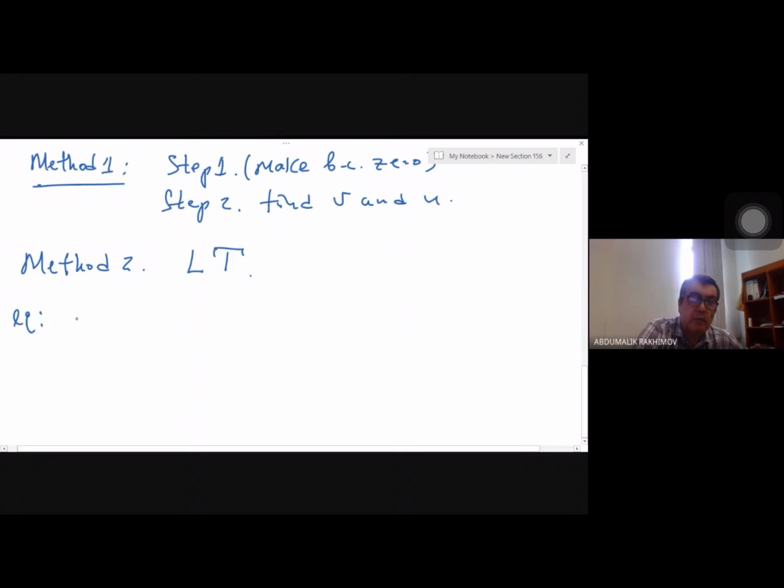Let's transform the equation. Our equation is ut equals uxx. In Laplace transformation, ut changes into s times U minus u(x,0), equal to uxx, which will be U capital XX.